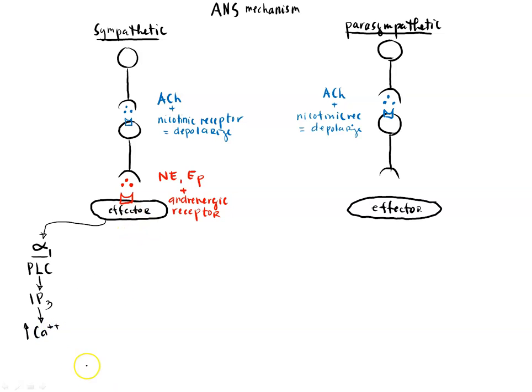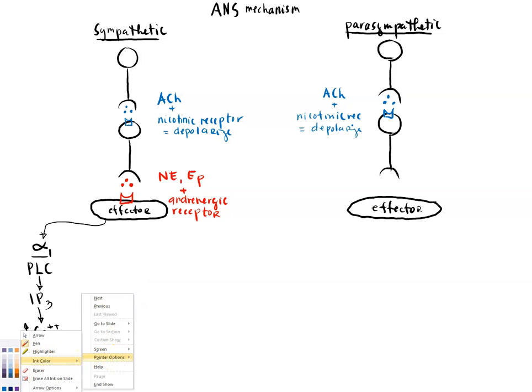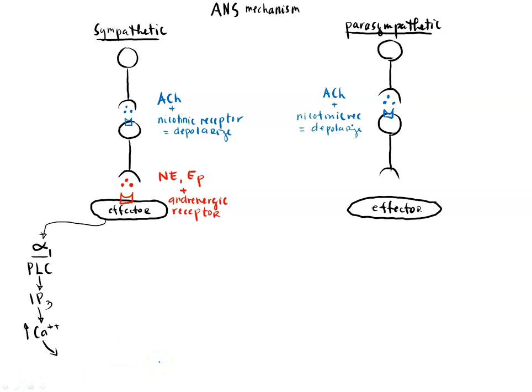And if this is a smooth muscle cell, guess what I can do? I'm going to color this in green. It's because this is the same color I used in the previous slide. I can contract or increase contraction. I'm just going to write contract for now. Okay, you ready to do more? No? Okay. We're going to do some more.